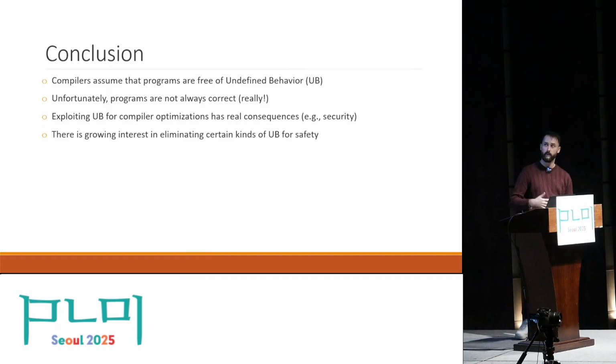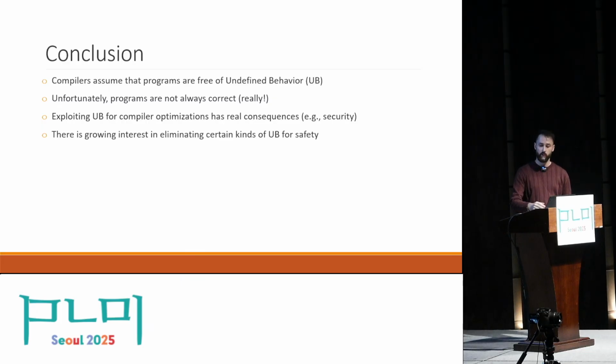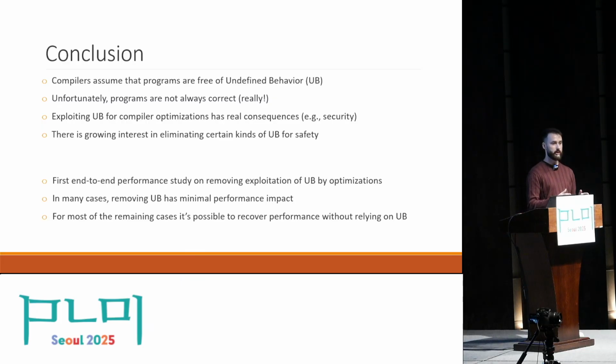But fortunately, in recent years, we saw a growing trend of defining some semantics for some UBs. So the question remains, what is the performance impact of this change? In this study, we've shown that for the cases that we analyzed, the impact of defining UB is minimal. And what's most interesting is that we were able to recover the performance using UB-free techniques.